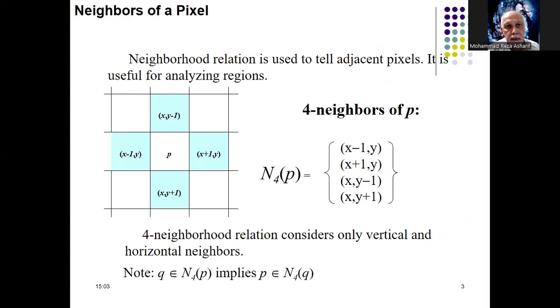For instance, we can define the neighborhood of the pixel P. This is pixel P with the coordinate X, Y, and we define the four neighbors.